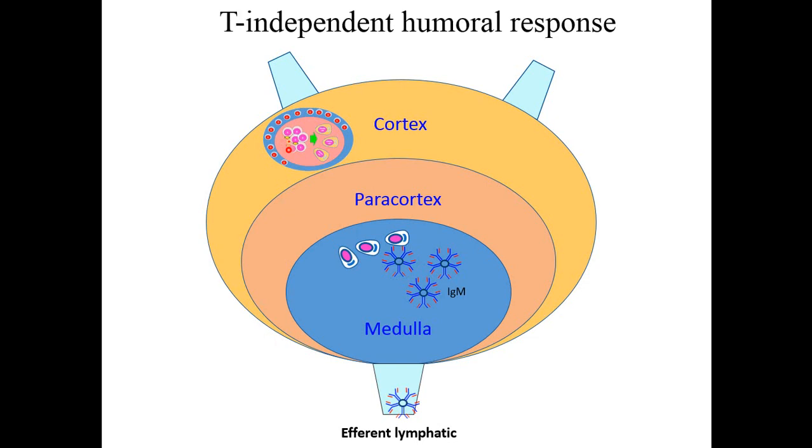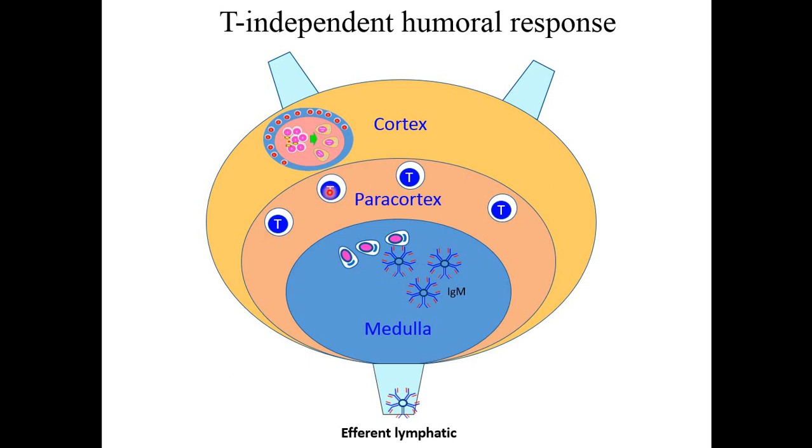This type of response is called a T-independent response. And as the name implies, it's a type of response that does not use any help or any signal from T lymphocytes which are present in the paracortex. Why? Because T cells only like to respond to protein antigens.